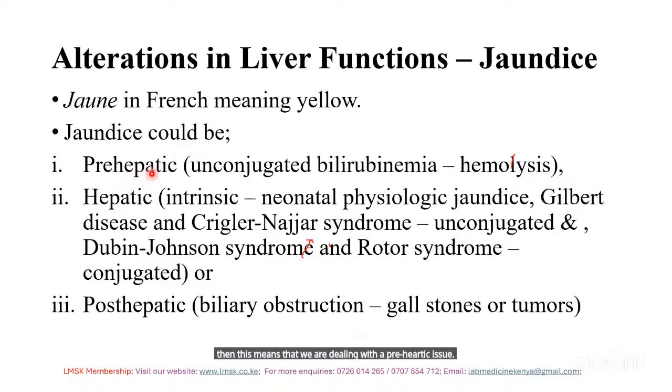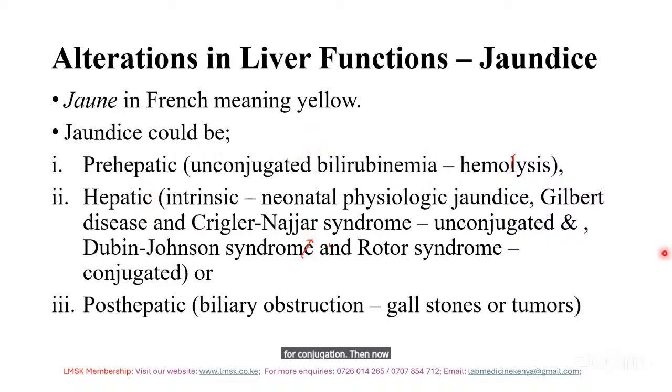Prehepatic issues could be anything in the peripheral circulation, and they include increased hemolysis, maybe even after a post-transfusion reaction that is leading to hemolysis. If there is hemolysis in the peripheral blood, it will lead to too much unconjugated bilirubin, because this bilirubin has not yet reached the liver for conjugation.